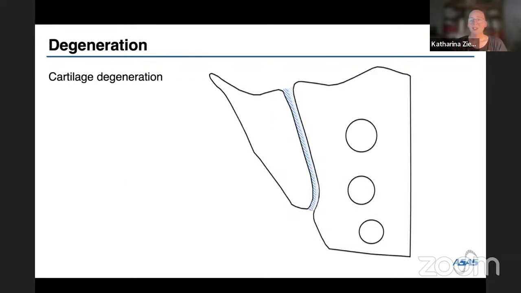The processes in joint degeneration are quite different from that. It usually starts at the sacroiliac joint, as in any other joint, with cartilage degeneration. And because the degenerated cartilage is not able anymore to give this buffer to homogenize the distribution of mechanical load, we will often see bone marrow edema.